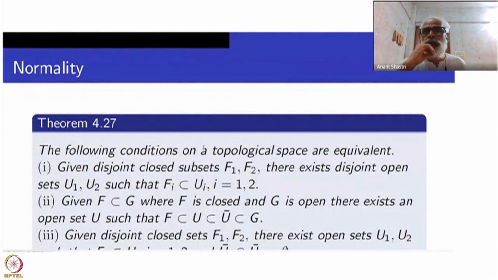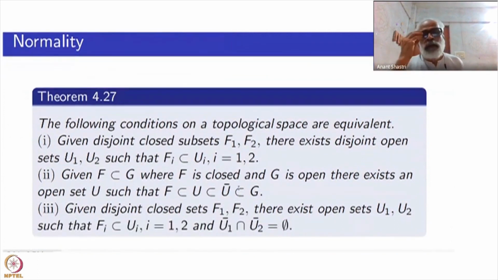Now I will introduce normality. The following conditions on a topological space are equivalent. Again, there are 3 of them, almost parallel to 1, 2, 3 of the previous theorem.